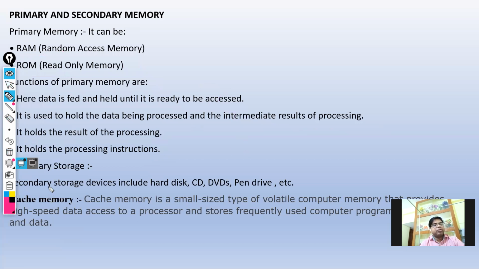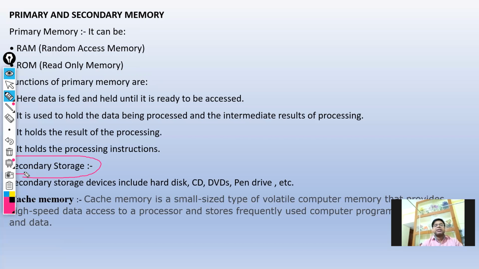Now, the next part, that is secondary storage. Students, your computer main memory stores data and information in a temporary way. Suppose I have drawn a picture and suddenly my system gets switched off, but my system does not have a secondary storage device.